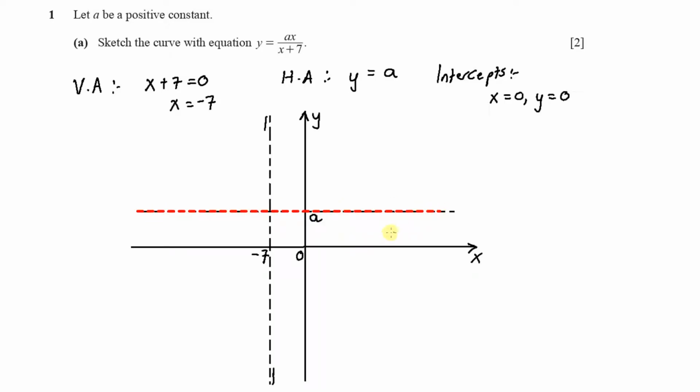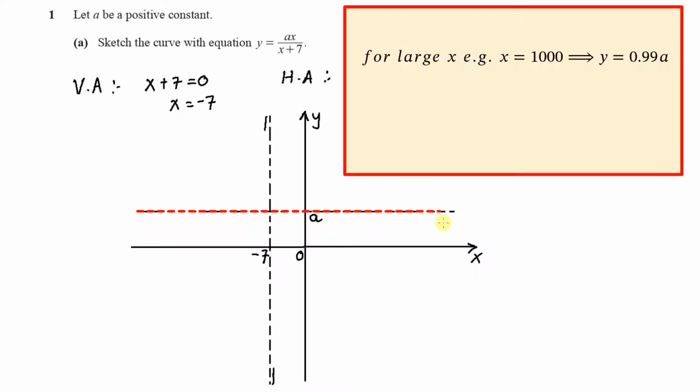We also need to study the behavior of the graph about the horizontal asymptote. Here we can consider a very large x value, for example x is equal to 1000. If we substitute that into the equation of y, we get a value slightly below a, like 0.99a, which means the graph will come from down below. Also we consider a very small x value, for example x is equal to minus 1000.